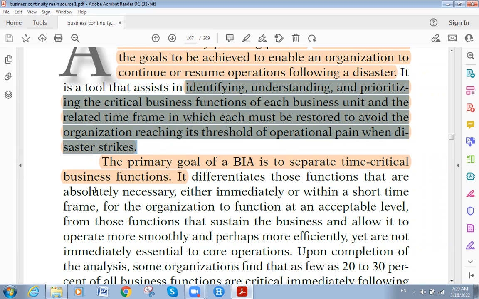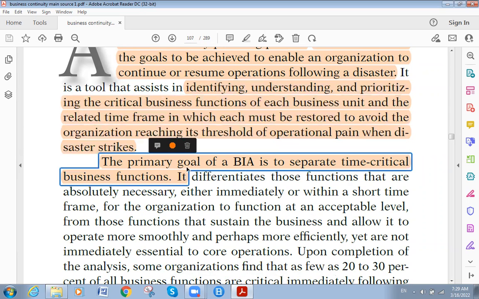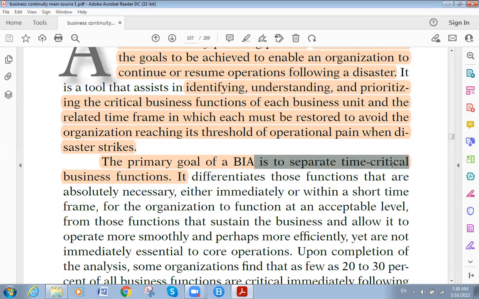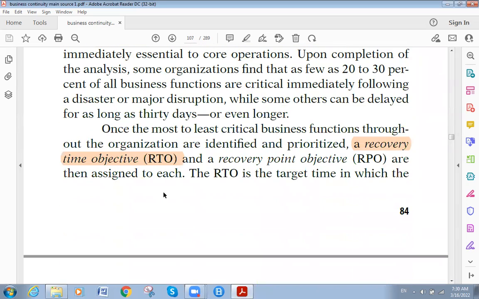We will call it the BIA, the business impact analysis. The primary goal of the BIA is to separate critical time business functions. Also, it needs recovery time objectives.